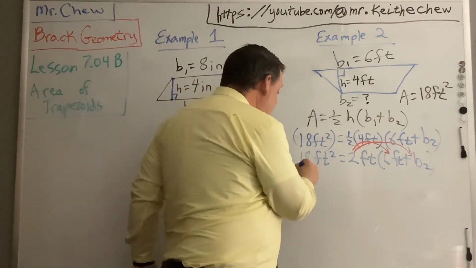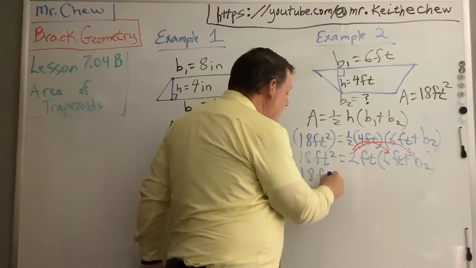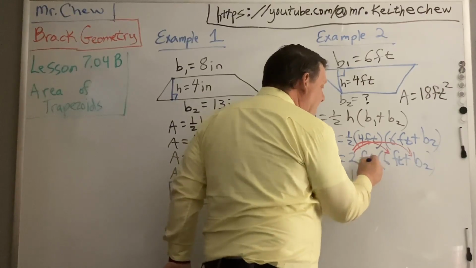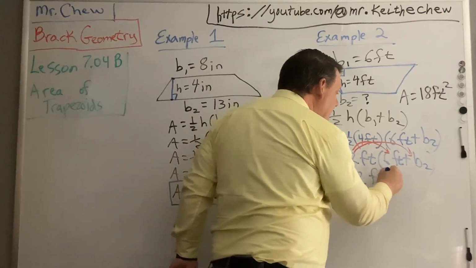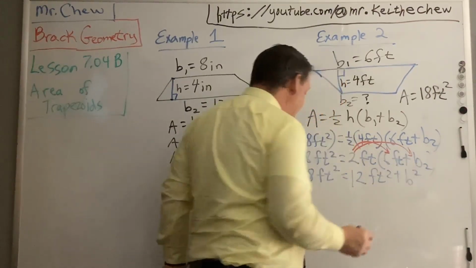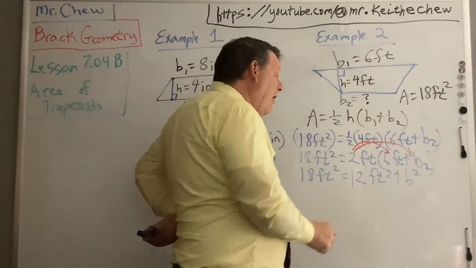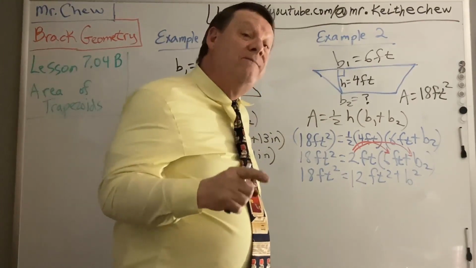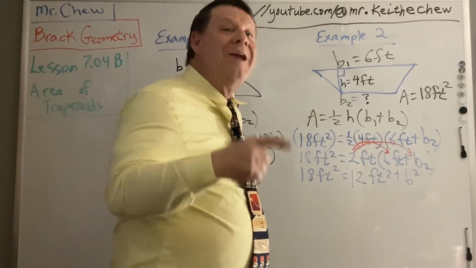So I have 18 feet squared equals 2 times 6 is 12. Feet times feet is feet squared, plus b sub 2. All right, so now I need to undo adding 12 feet squared by using the inverse operation, or the opposite.